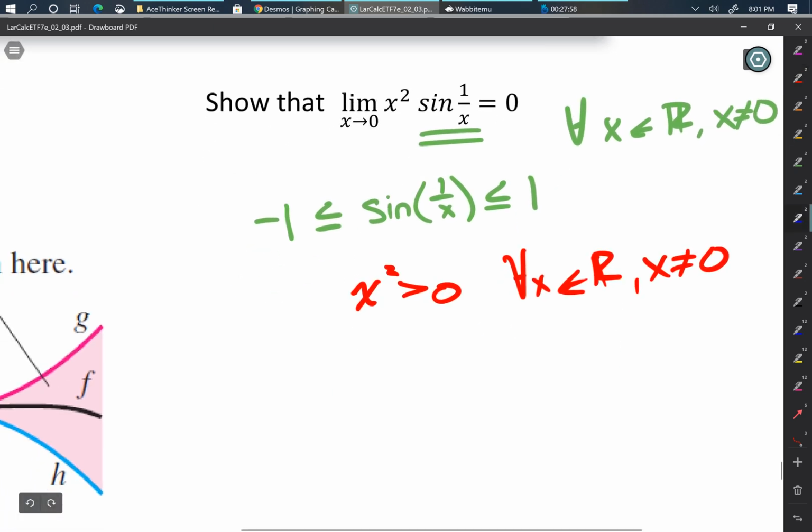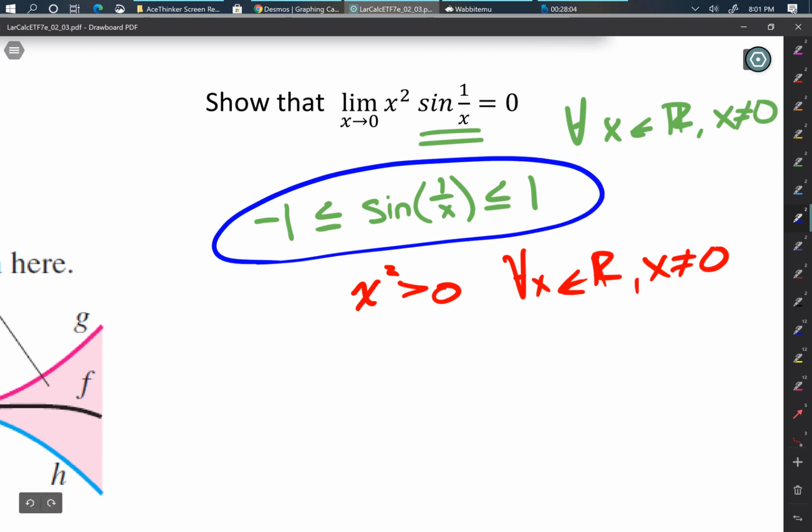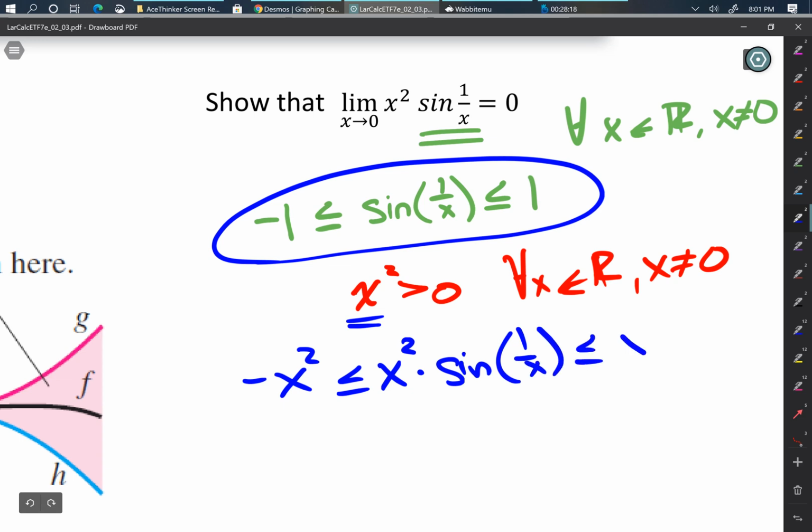Then I'm going to make use of a property of inequalities: if I multiply this entire inequality by a positive number, we're good. And so then we're going to get -x squared is less than or equal to x squared times the sine of 1 over x is less than or equal to positive x squared.